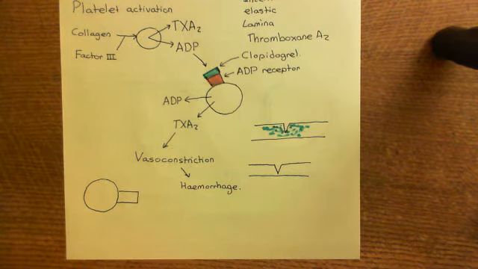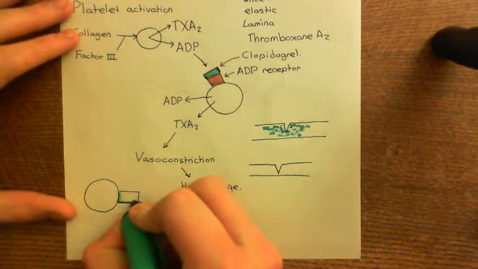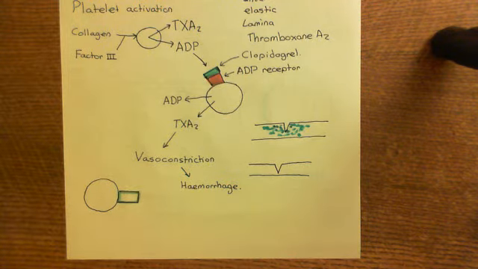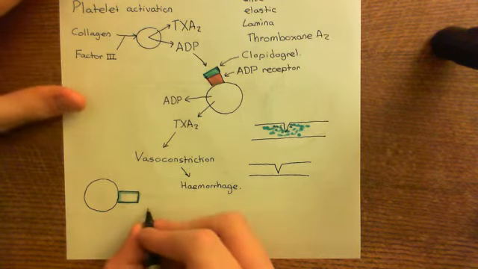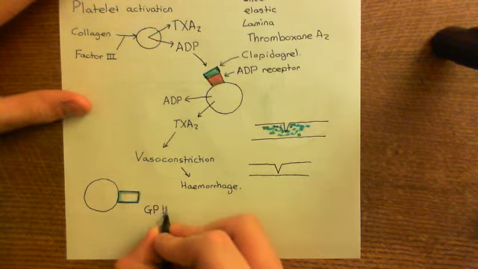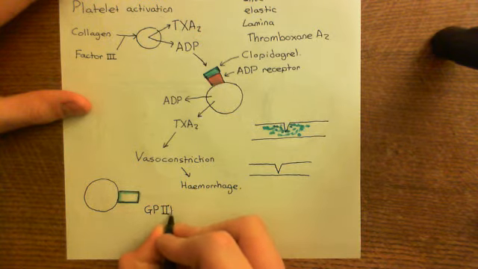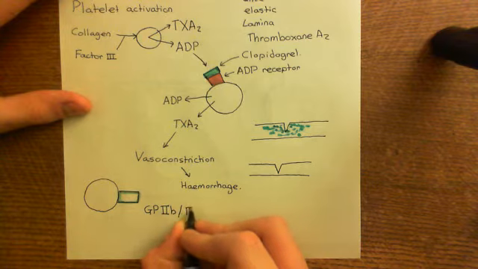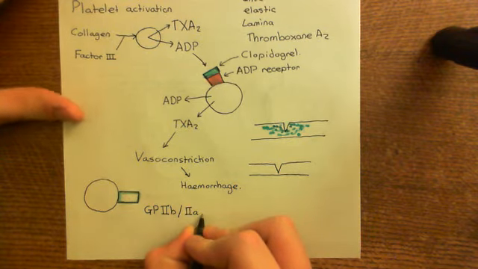And I will highlight this one in green. This protein in green that's on the cell surface membrane of our platelets is a protein known as glycoprotein 2B, so Roman numerals again, 2B, and then they put a slash 2A. So it's a protein complex, basically.